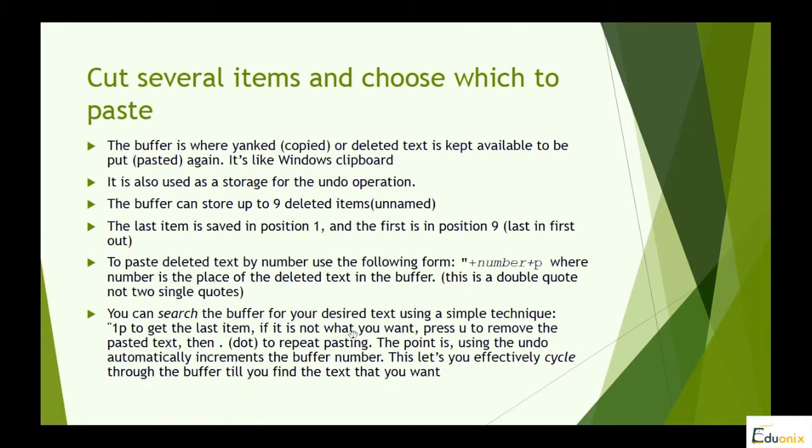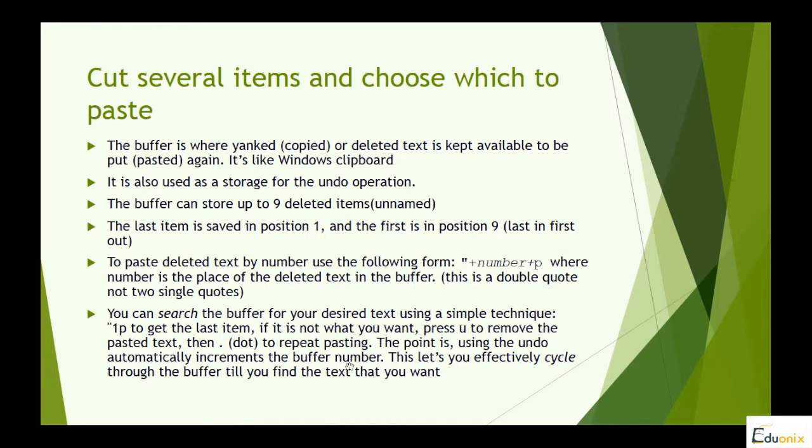If it's not what you want, you press U to remove the pasted text, because as you can see here, we are pasting the first place in the buffer into the file. If it's not the text you want, you press U to undo the paste, and then you press the dot, and as you can remember, the dot repeats the last action you did, and the last action here was pasting from the first place in the buffer. But the point is that the undo automatically increments the buffer number.